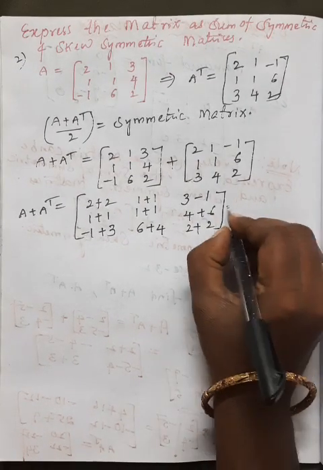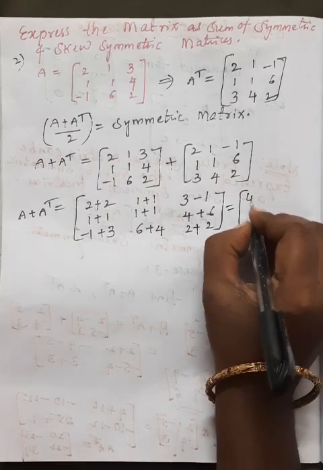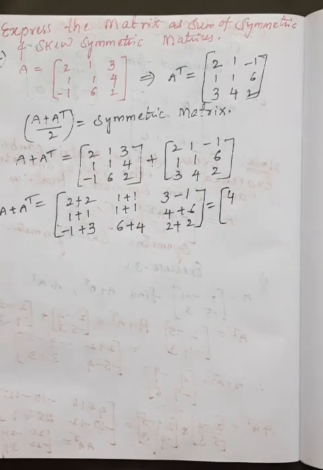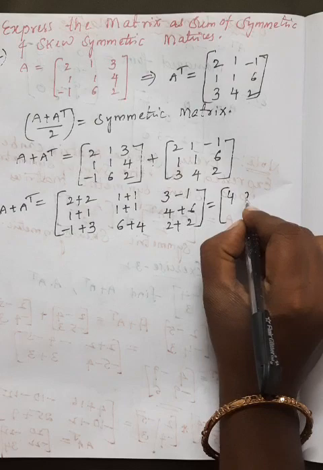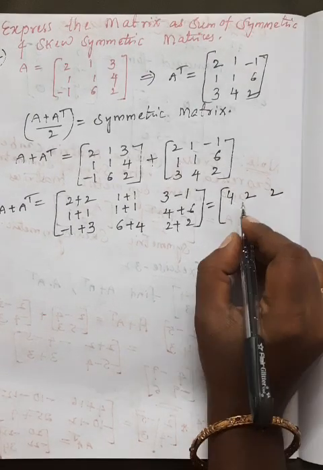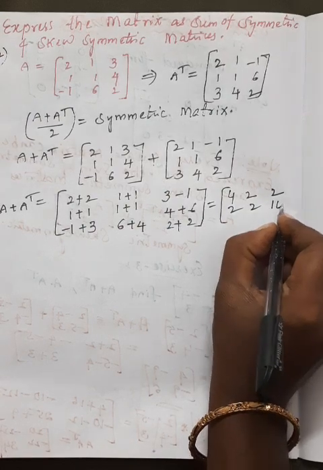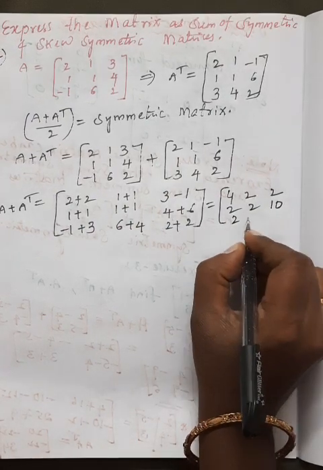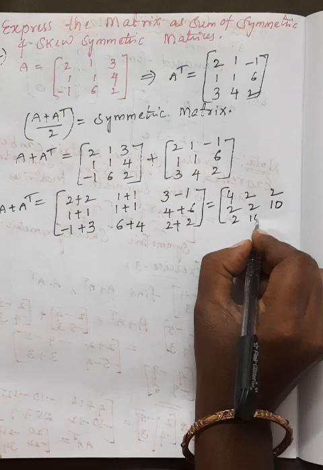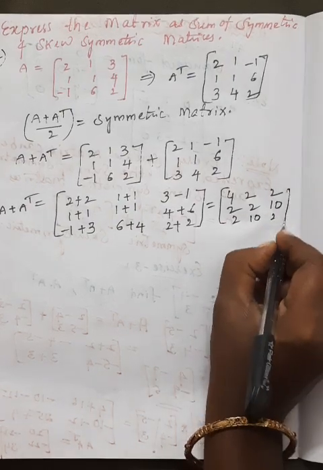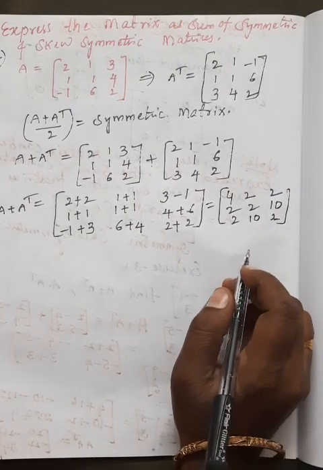Then you can simplify now. So 2 plus 2 is 4. Next 1 plus 1 is 2, 3 minus 1 is 2, 1 plus 1 is 2, 1 plus 1 is 2, 6 plus 4 is 10, 3 minus 1 is 2, 4 plus 6 is again 10, 2 plus 2 is 2. So this is A plus A transpose.